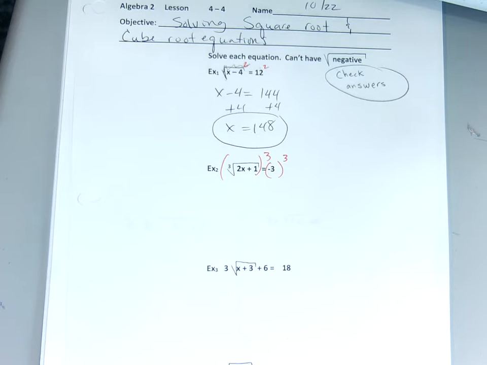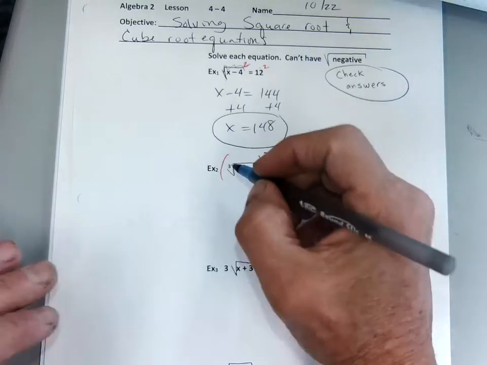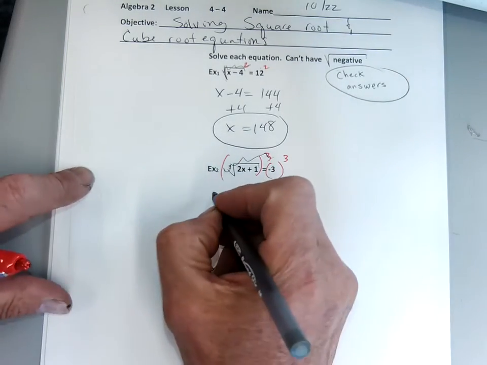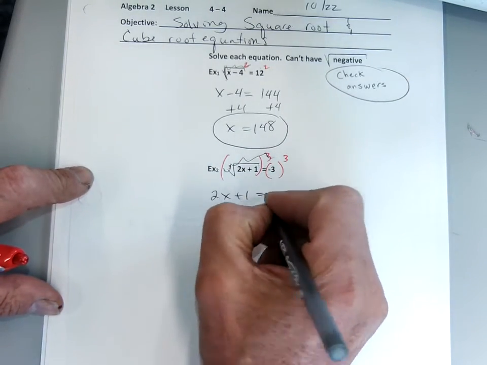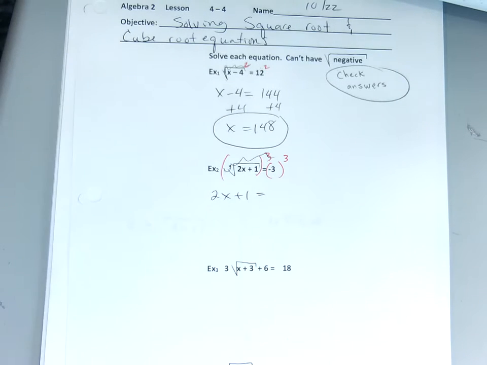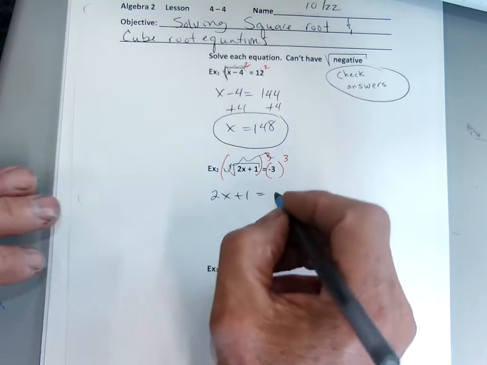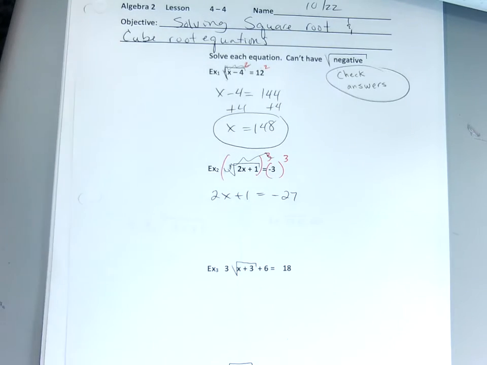Well, the cube cancels the cube root. 2x plus 1 equals, well, negative 3 cubed is negative 3 times negative 3 times negative 3, which is negative 27.